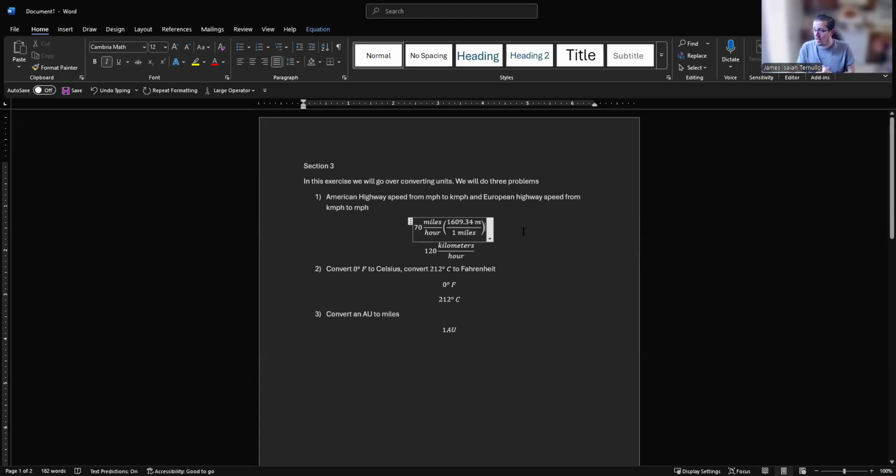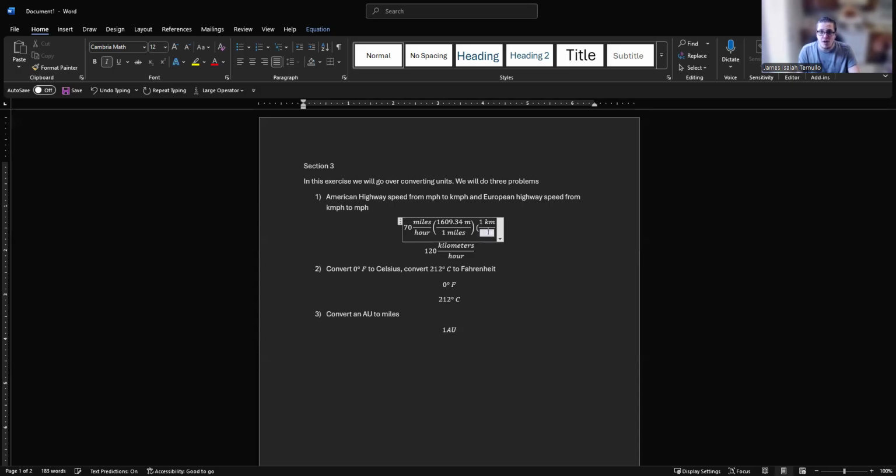Well, we're not quite done yet because we want to know what it is in kilometers per hour. And so remember, since we finished our first step in our conversion and we're going to the next, we got to open up a parentheses because now we need to ask ourselves, how many meters are in 1 kilometer?